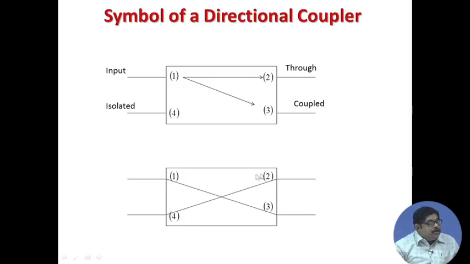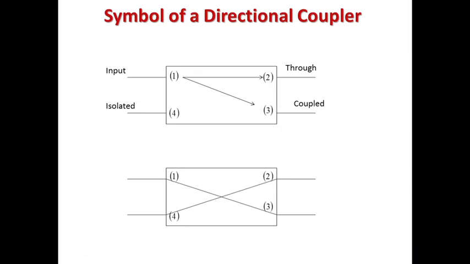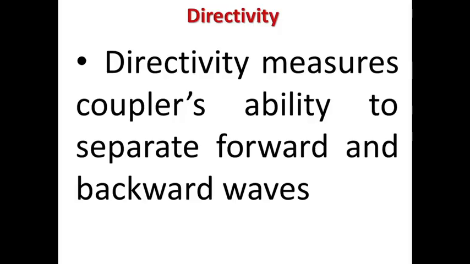Port 4 only has the reflected wave, and port 3 only has the incident wave, it does not have any reflected wave. So, 3 and 4 are separating the incident and reflected wave, a very good thing, because though the whole thing is total, in 3 and 4 we are getting separated incident and reflected waves. That ability to separate these is called directivity.